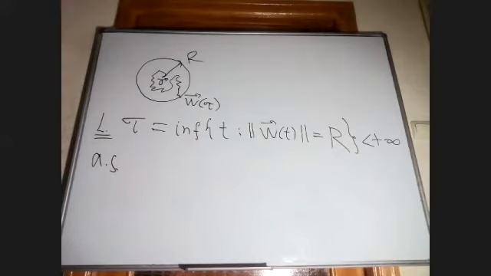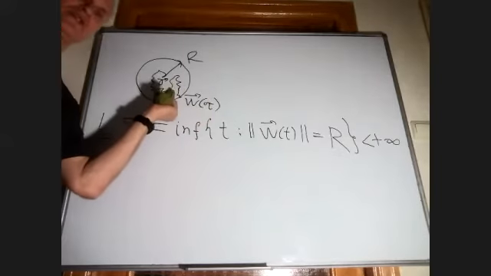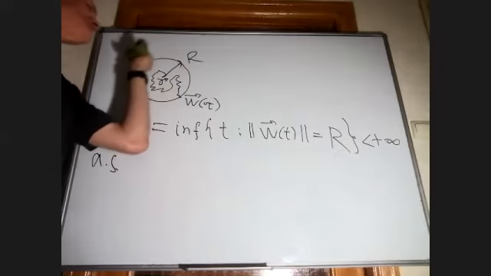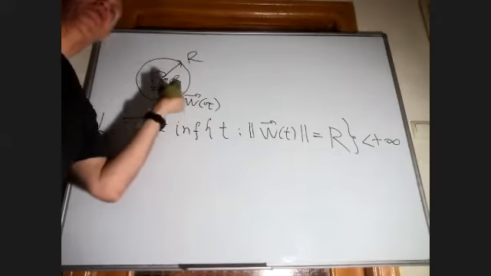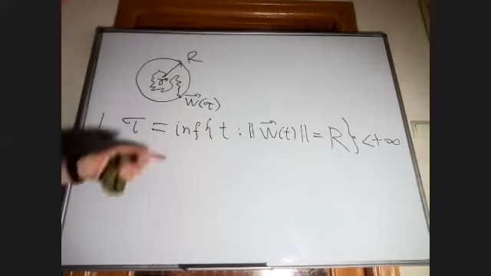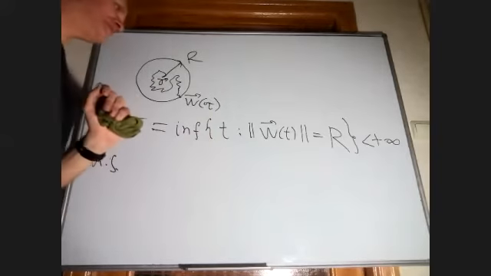So, before discussing the distribution of the Brownian motion when it hits the boundary of the ball, we want to prove that it hits the boundary of the ball with probability 1.